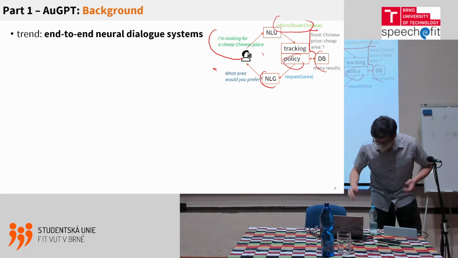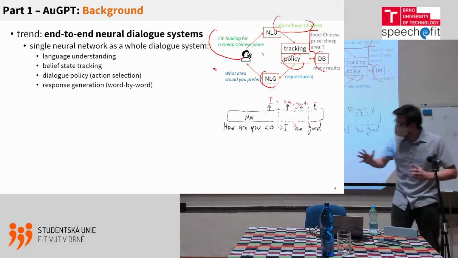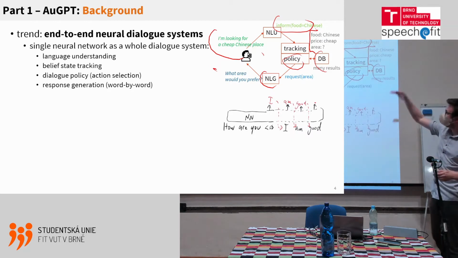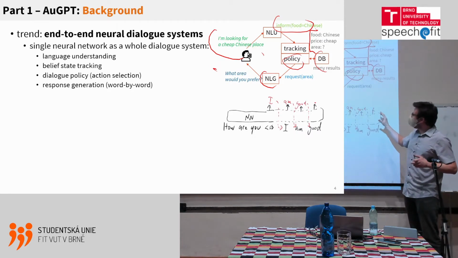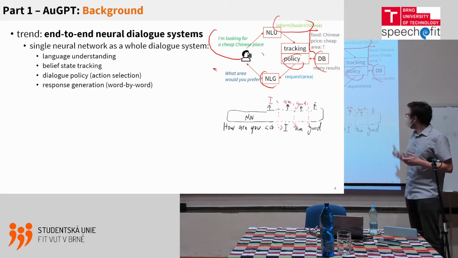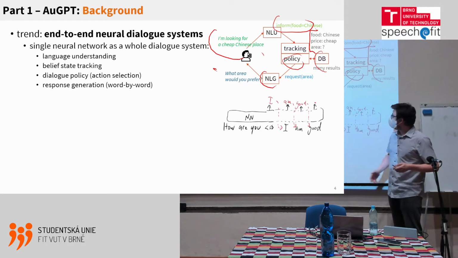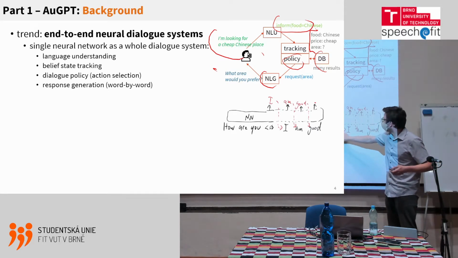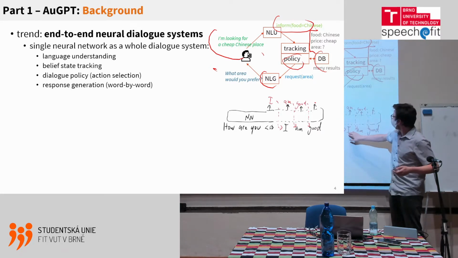So that's the traditional way, but the trend now is to represent everything using a neural network. So you have all those components inside a single neural network that typically is trained in an end-to-end fashion, and the responses are generated word by word. You feed in some kind of starting special token, and then you generate the first word, feed it back in, generate the second word.